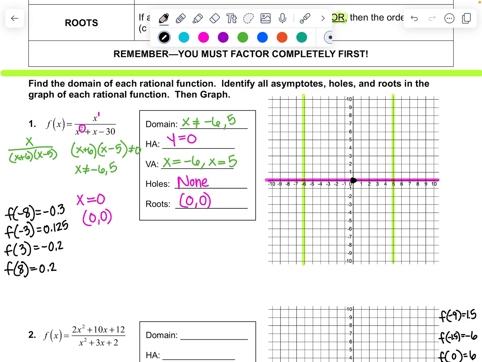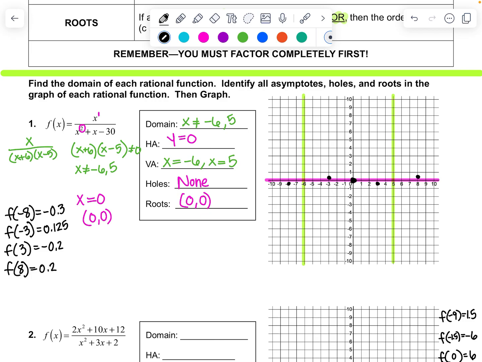At negative 8, it is negative 0.3. At negative 3, it is 0.125, so positive. At 3, it is negative 0.2. And at 8, it is positive 0.2.